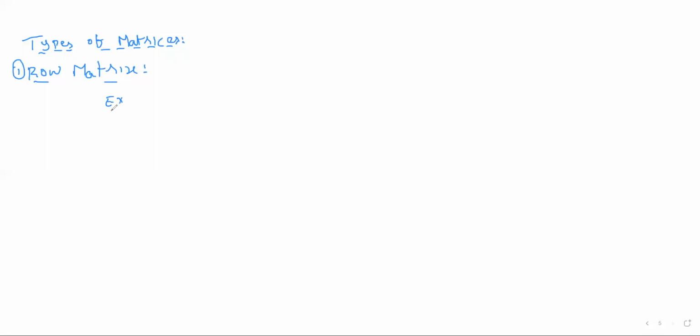Example: 1, 4, 7, 2. What is the order of this matrix? 1 row and 4 columns. A matrix with a single row is known as a row matrix.